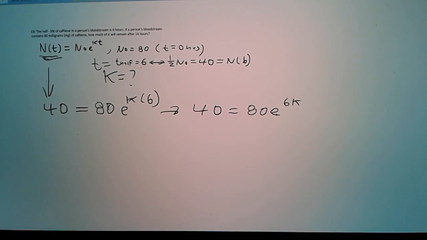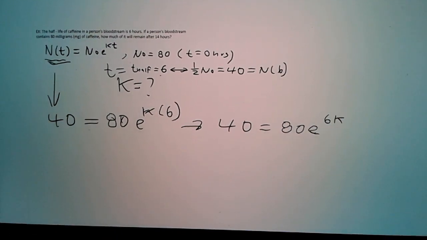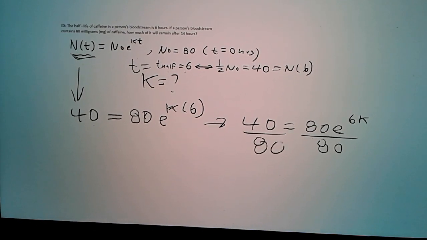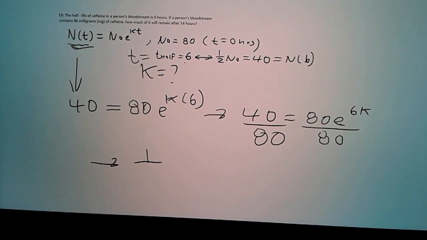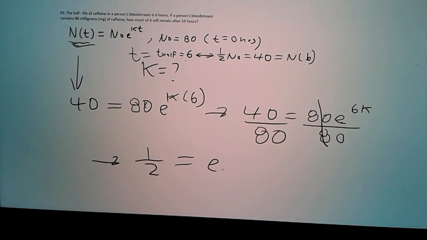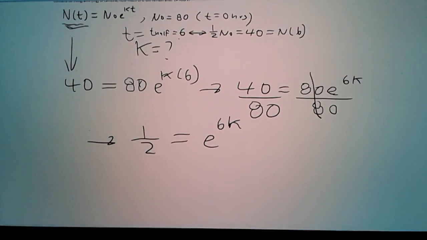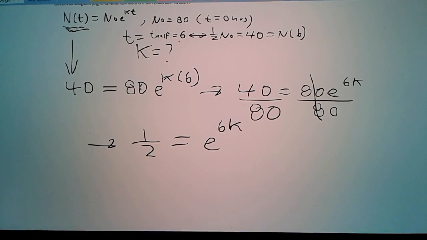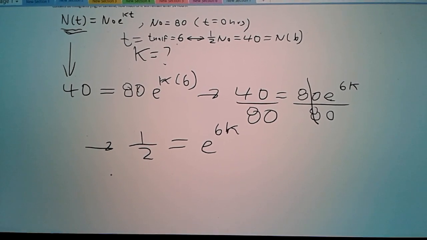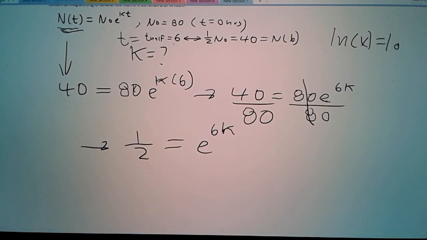So we saw exponential equations the other day. So these are just applications of that. So I'm going to divide both sides by 80. So 40 out of 80 is a half. That cancels out. So I just get e to the 6k left over on the right. So what do I do now? Remember that we have the natural logarithm of x is log base e of x.